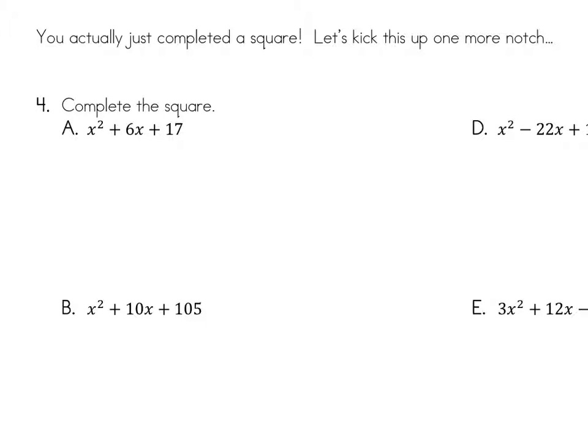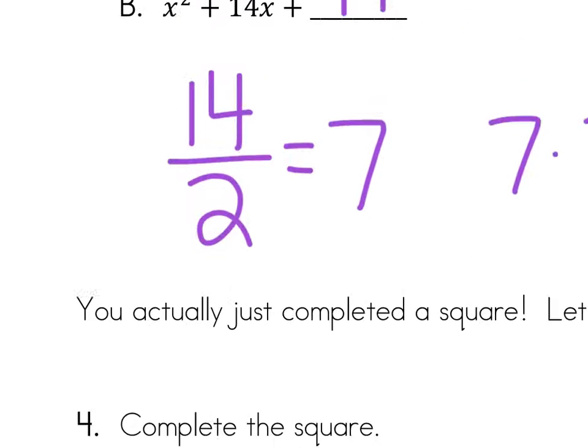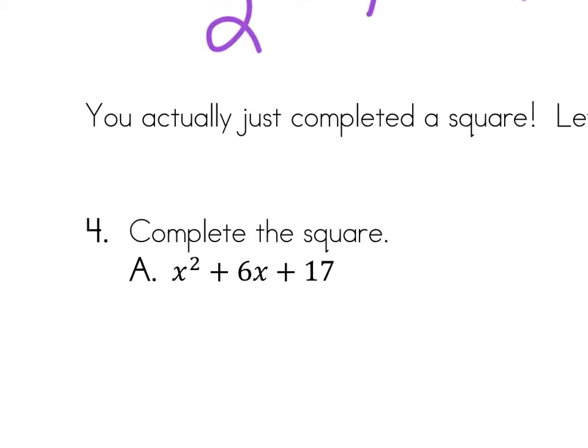We're not quite there yet, but we are going to complete the square for all these parts below in question number 4. One of the main things that's different between questions 3 and 4 is that there actually is now a number in this spot down below here.